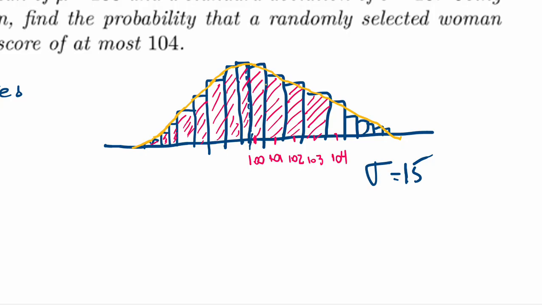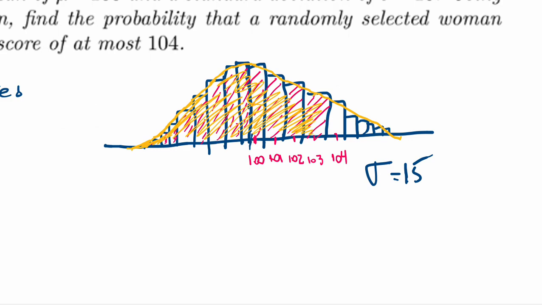If I want to select the same area under this smooth curve, where should I select it to start or to stop? So I would start my area here. I'm just selecting this. I'm starting my area.